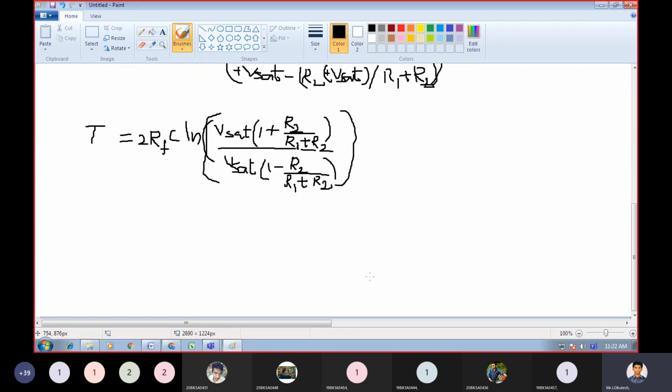Let us assume that R2 by R1 plus R2 is beta.